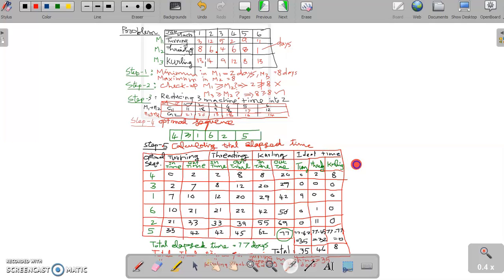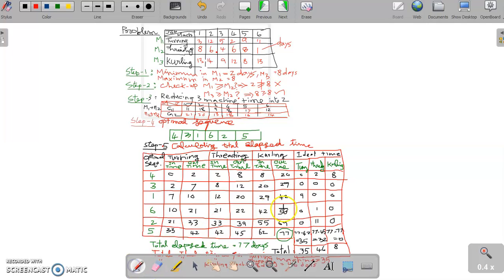And now we are looking at the idle time, where the first machine, 2 days is waiting, and the third machine, 8 days is waiting, but the first machine is not waiting any days. And here 9 days, no, it is 0, it has to come 0 here.